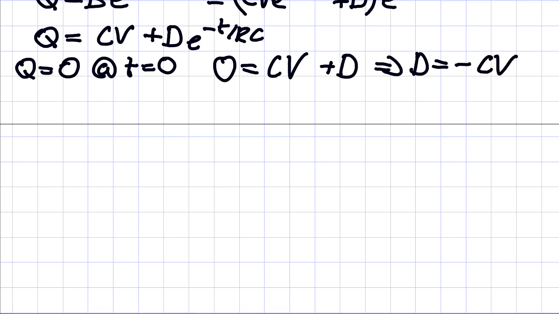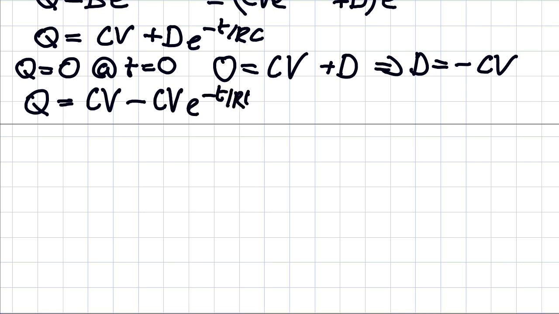So my final answer is that Q is CV minus CV e to the minus t over RC, or take out a factor of CV, and that's my solution.